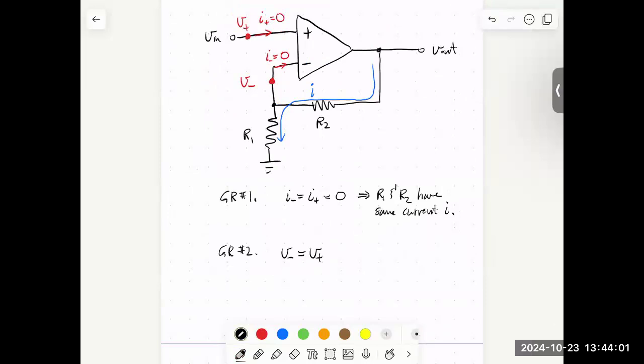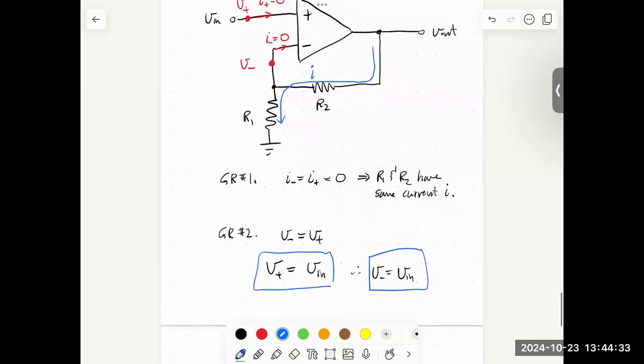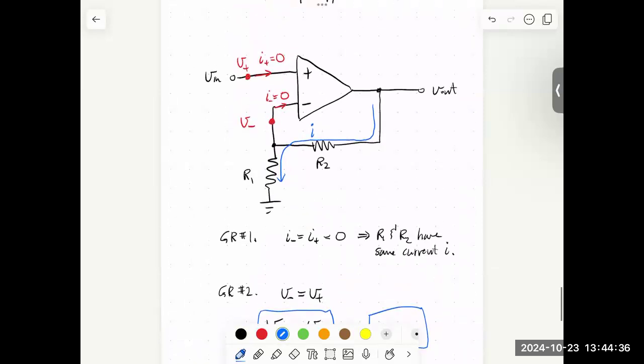It's not 0 because there's no direct ground connection. What's V plus equal to? Vin, right? It's just connected directly to our input. So from our circuit, we have that V plus is equal to Vin. So therefore, V minus must be equal to Vin. That's the secret sauce.